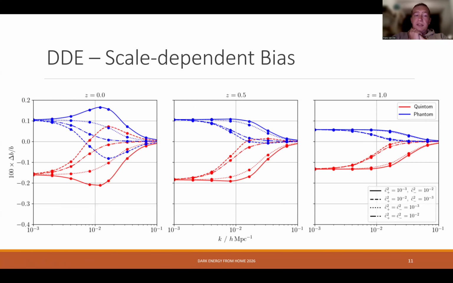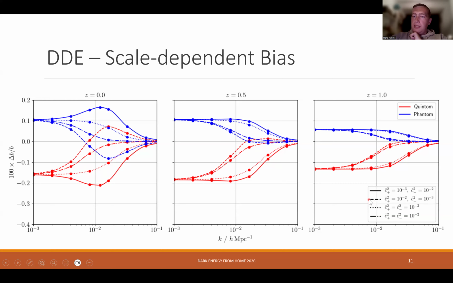And this is shown in this figure. So here we have three different redshifts: the present day epoch, a redshift of 0.5 and a redshift of 1. We show the relative effect in the linear bias as a function of scale. So what we see here is that for different sound speed combinations in the two models, the bias becomes scale dependent.